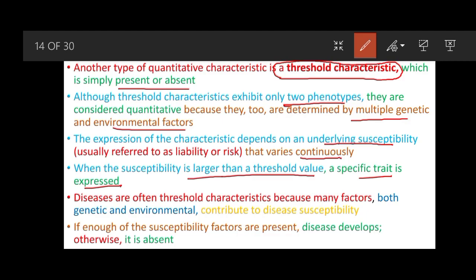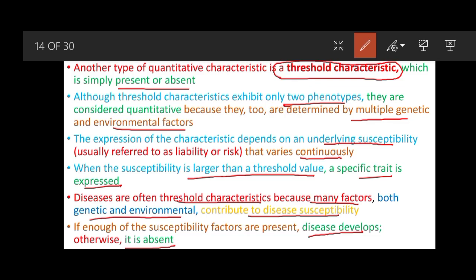Diseases are mostly threshold characteristics because there are many factors involved, both genetic and environmental. They contribute to disease susceptibility, and if enough of the susceptibility factors are present, disease will develop. Otherwise, it will remain absent. There will be no disease.